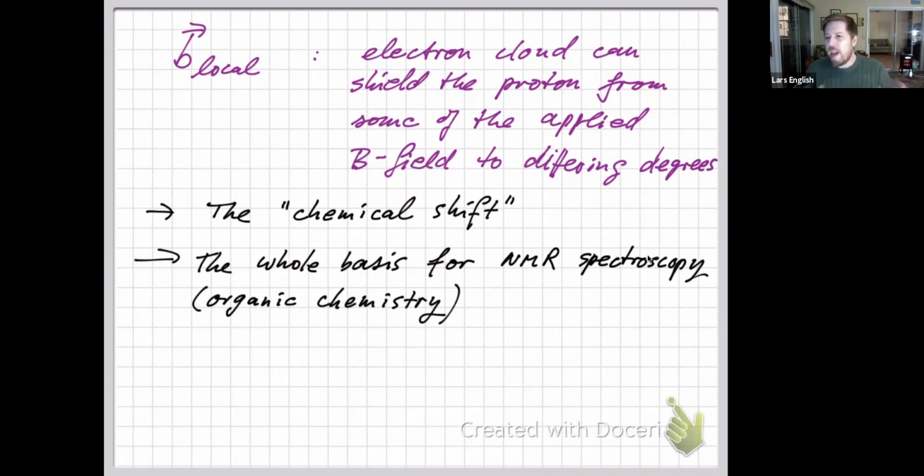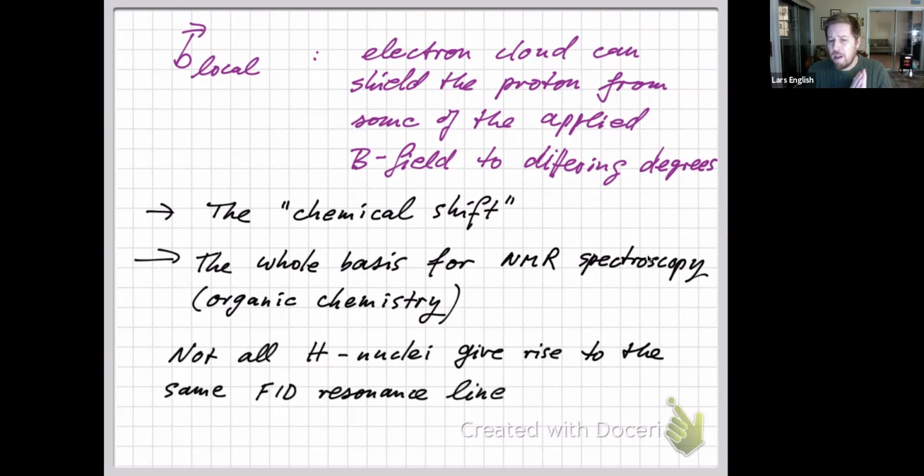A lot of organic chemistry is based on this effect: the proton, the hydrogen nucleus, will precess at slightly different frequencies. Why? Because the B local is different, depending on what's around that proton. So not all nuclei give rise to the same free induction decay resonance line.